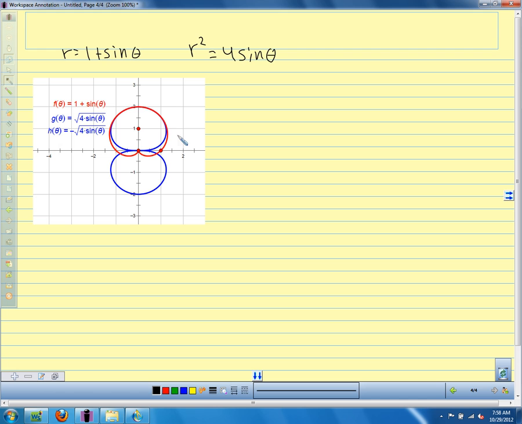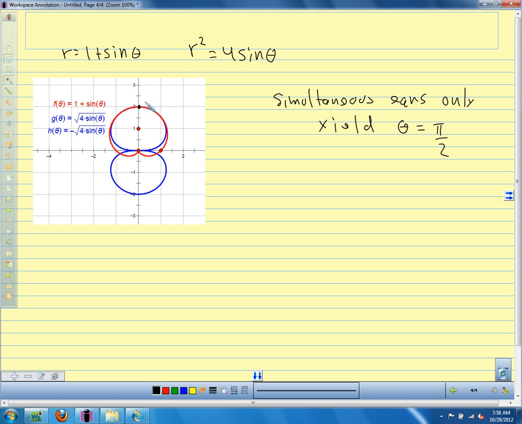When we solve simultaneous equations here, the simultaneous equations only yield the solution theta equals pi over 2. So it only gives us this point of intersection.